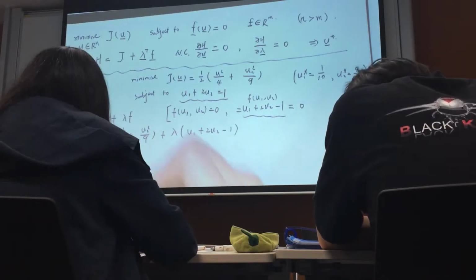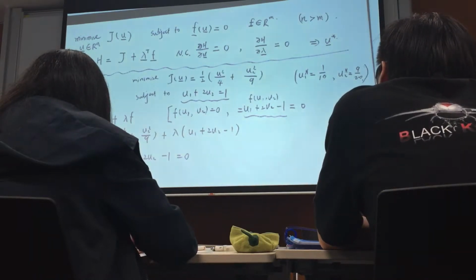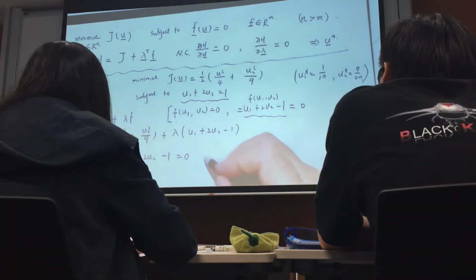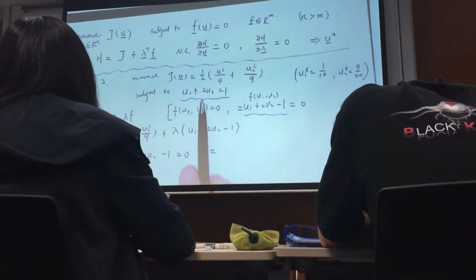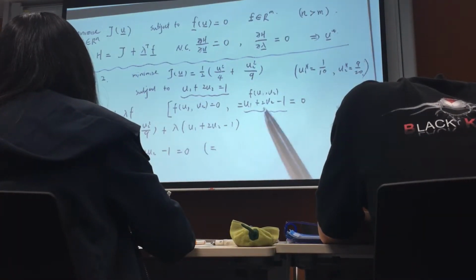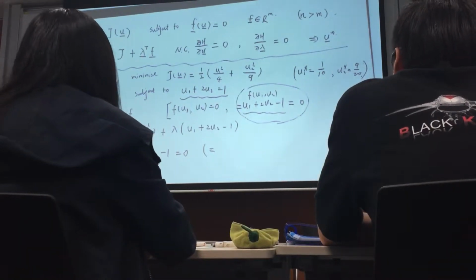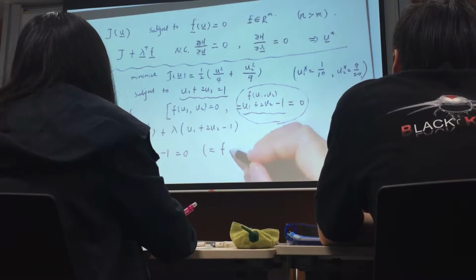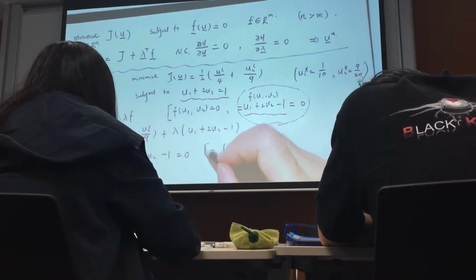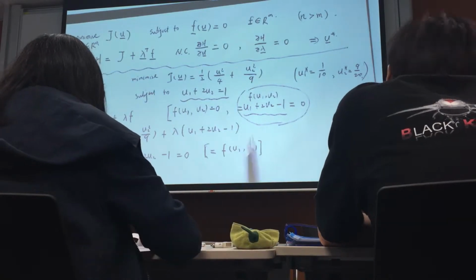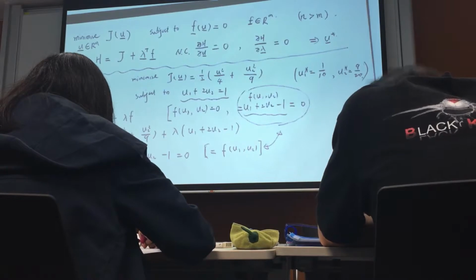This becomes U1 plus U2 minus 1 equal to 0. Remember that this is just equal to our constraint function. It's exactly the same as here.